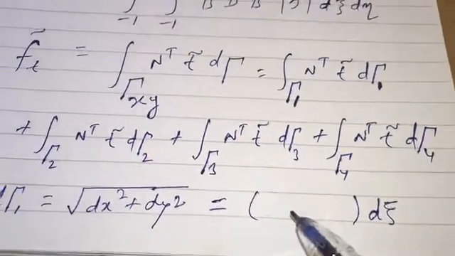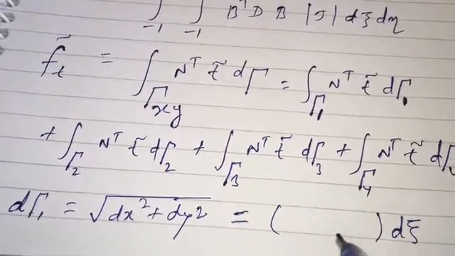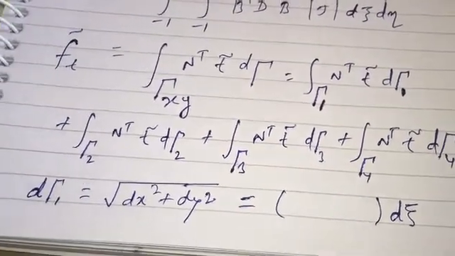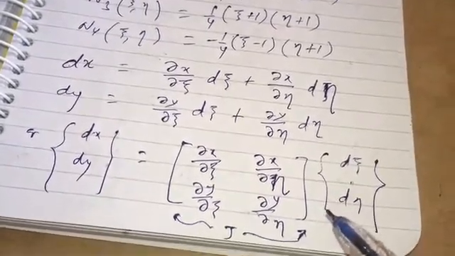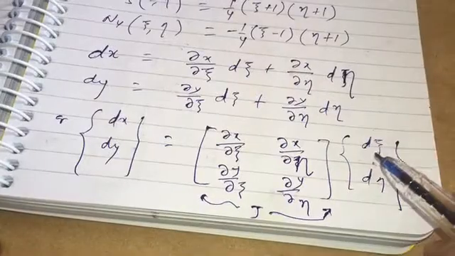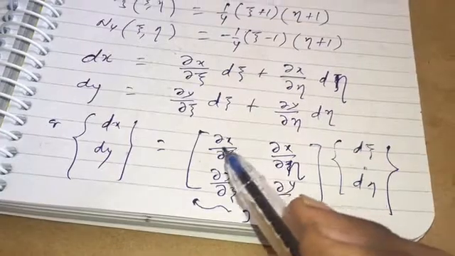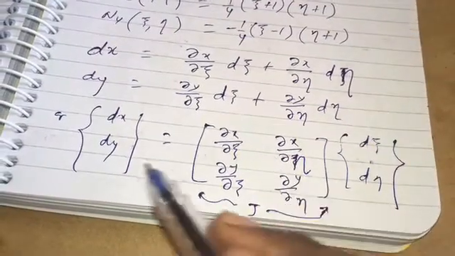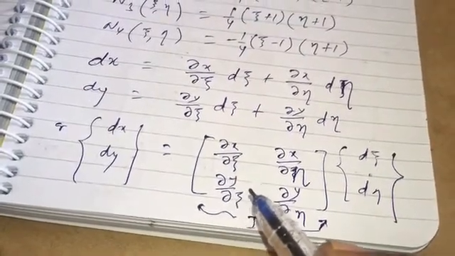The exact values can be easily found out for the value which has to be there within this bracket, and in order to find it out we have to use this relationship, as I said earlier. So for the first boundary, this one, what you see is d eta is equal to 0. So we put d eta equal to 0, and what you get is d xi only. So dx equal to del x over del xi d xi, and dy equal to del y over del xi d xi.